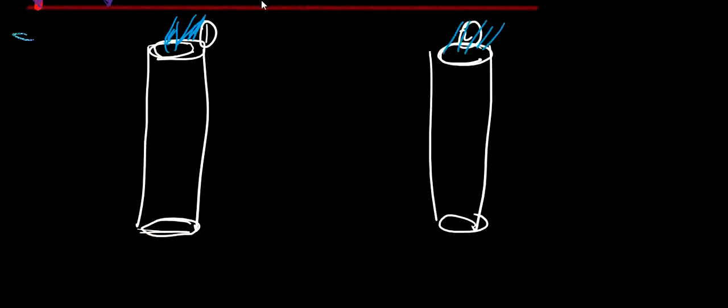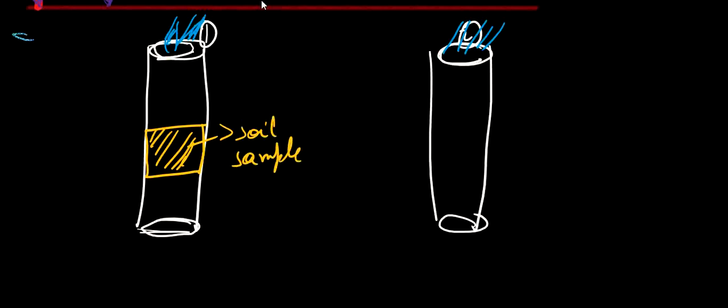The difference in the two cases is that the first one has a soil sample in between, filled up to thickness, or height, T. And this one contains no soil sample.